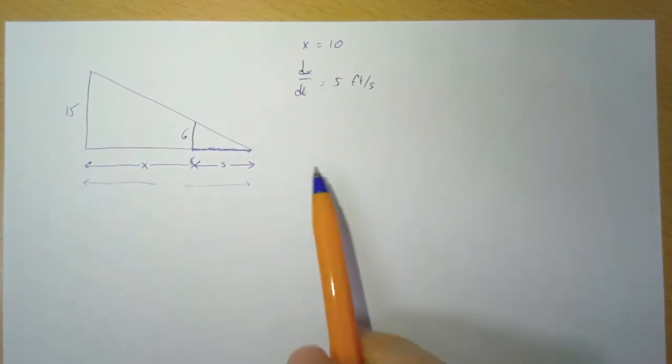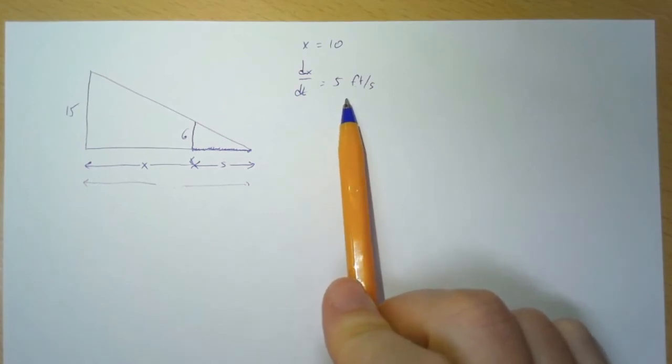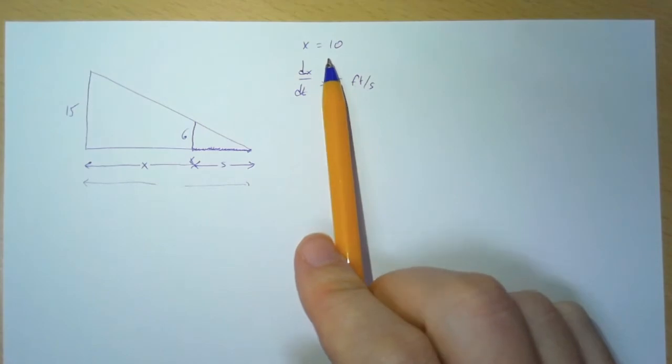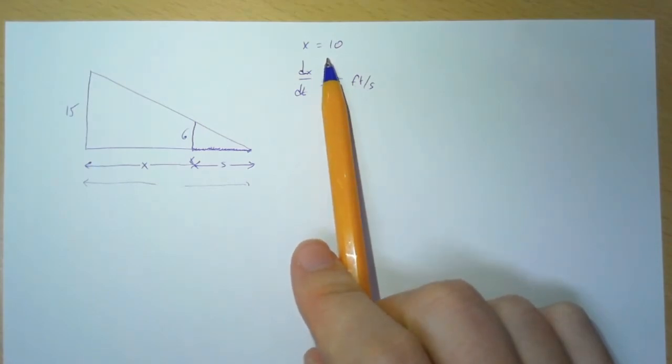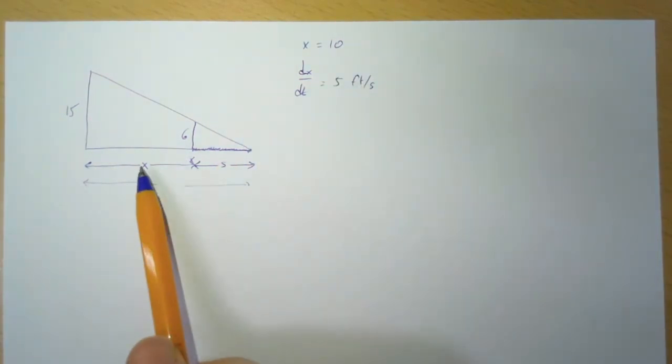So we know how fast the man is walking. He's walking at 5 feet per second, and we know that the questions are about when the man is 10 feet away from the lamppost. However, we can't just put a 10 here.